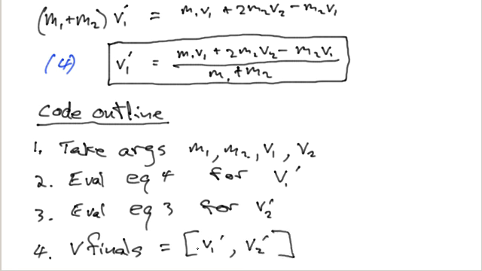That'll be my two-dimensional output array, and this will be my return variable. Alright, that's all I got to do for the code outline.